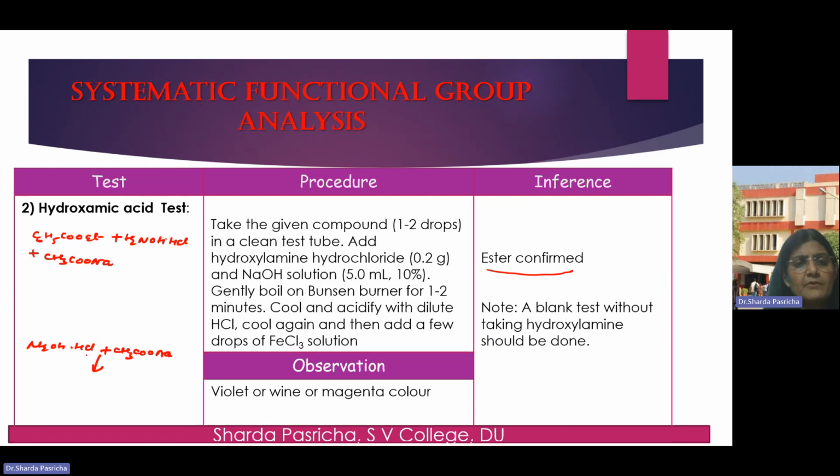See, this is the HCl salt of hydroxylamine. So when you add sodium acetate to this, what will happen is you will get the free base hydroxylamine being formed, which will combine with the ester, and you will get hydroxamic acid being formed.